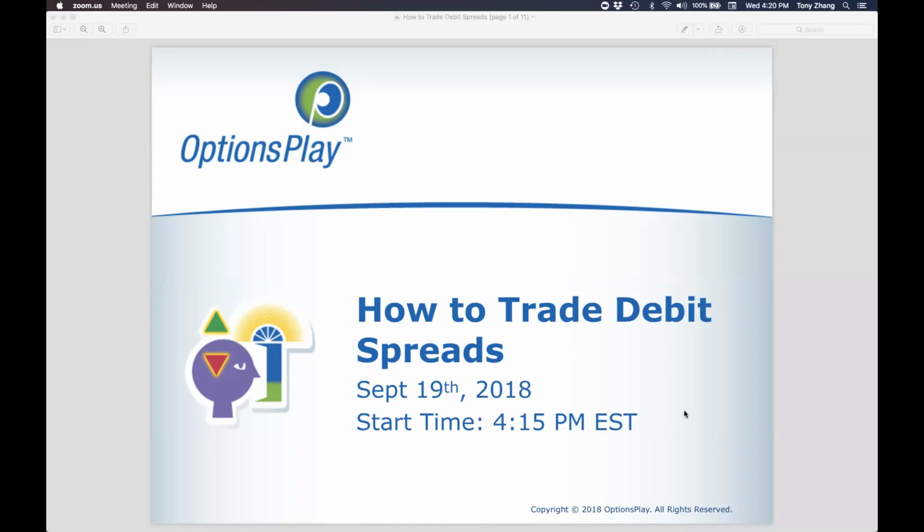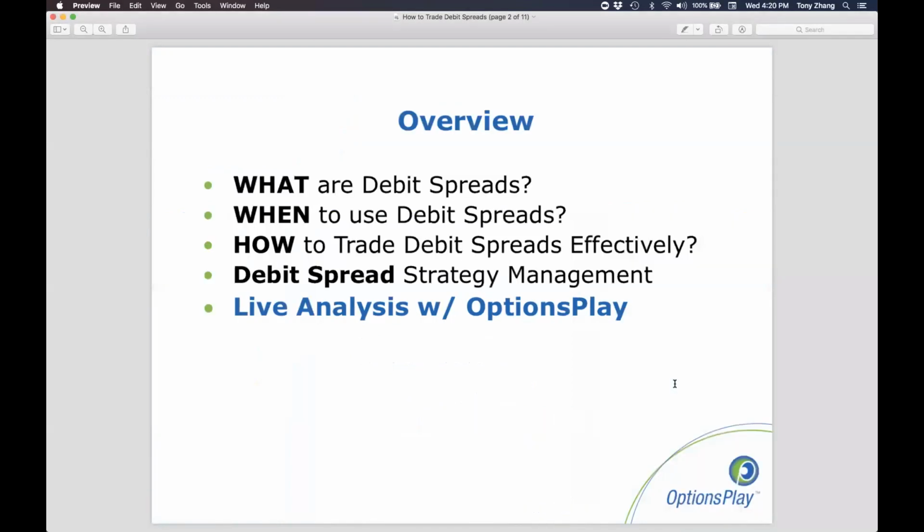exit and enter them. So today what we're really going to do is break down what a debit spread is, when you should use these debit spreads, how you trade them effectively, and then talk about the strategy management, meaning money management of a debit spread, so that you know when to take profits and when to cut your losses.